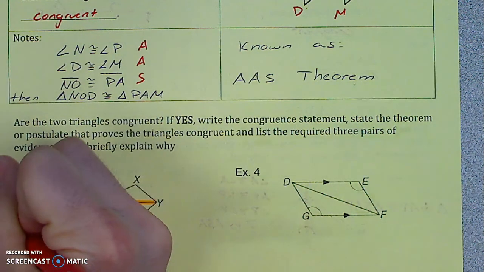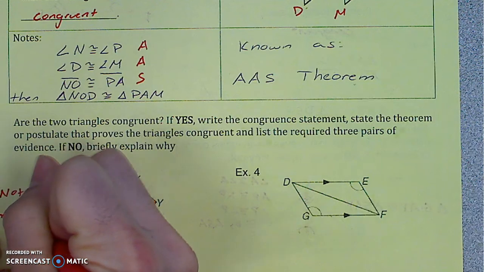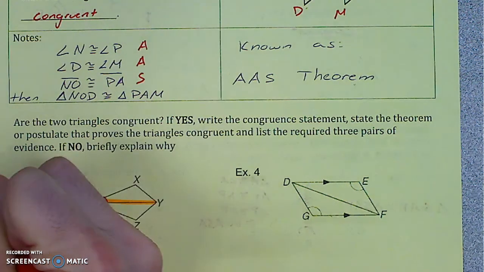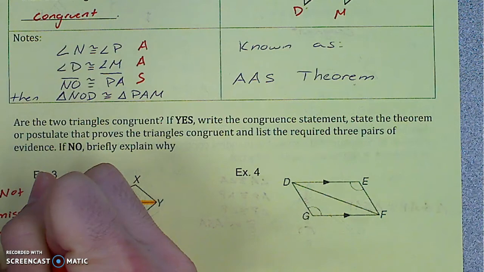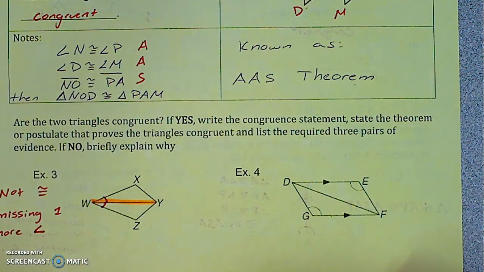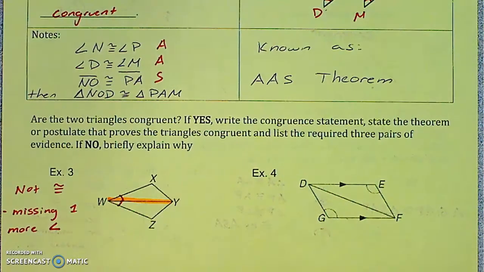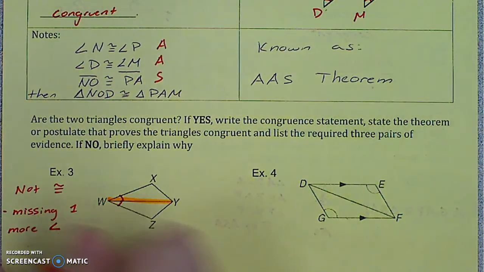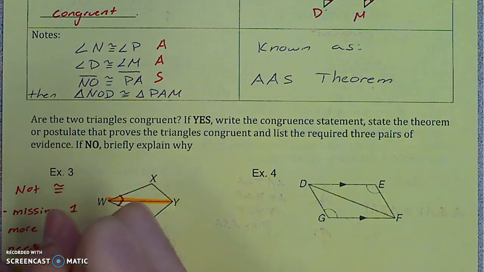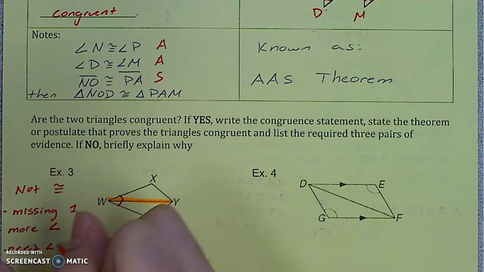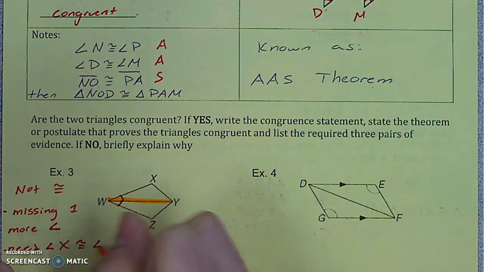Let's just put: missing one more angle. That angle has to be congruent, and we need angle X to be congruent to angle Z.